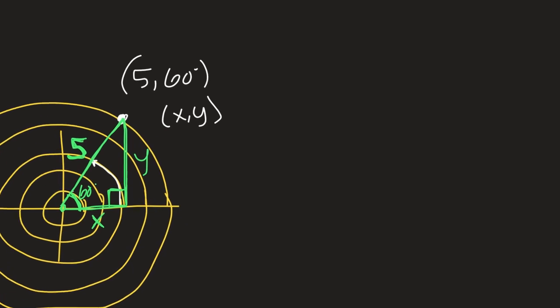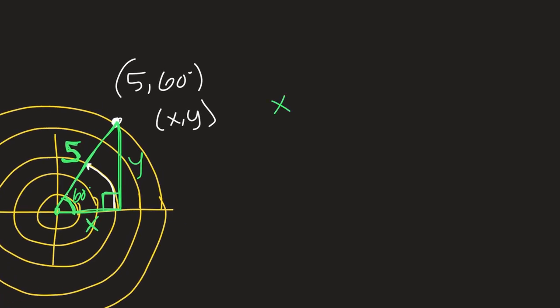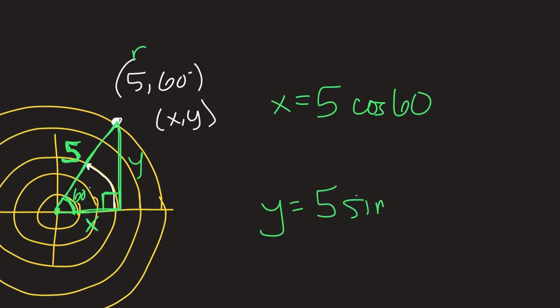When we convert this polar point into a rectangular one, x is the radius times the cosine of your angle, and y is the radius times the sine of your angle, exactly how it was a second ago for vectors.